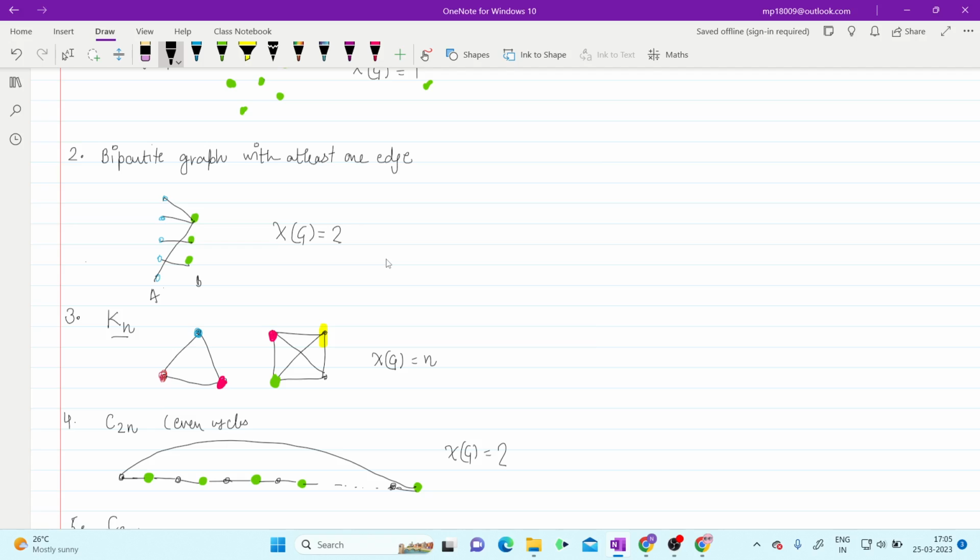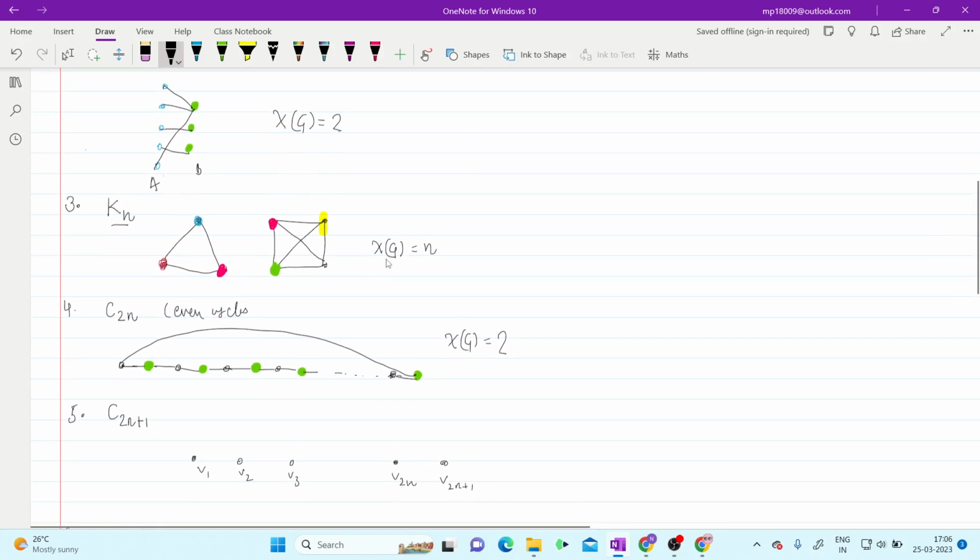Since there are n vertices, the number of colors required is at most n, but here it is exactly n. The chromatic number will be n because we cannot color this graph with n minus 1 colors, as there is an edge between any two vertices.